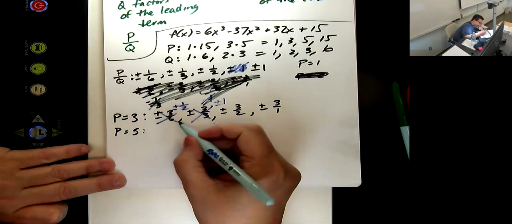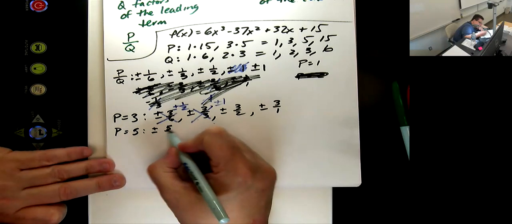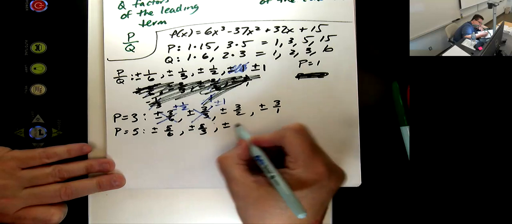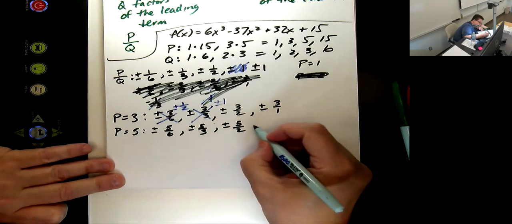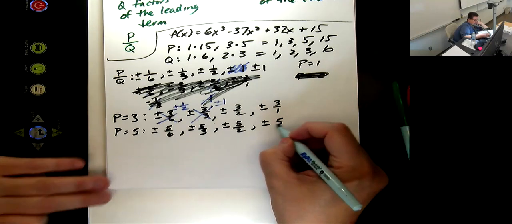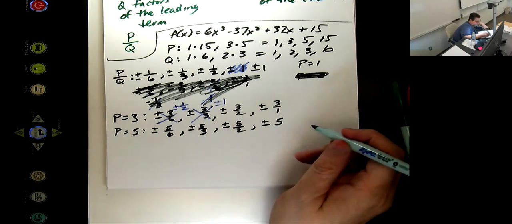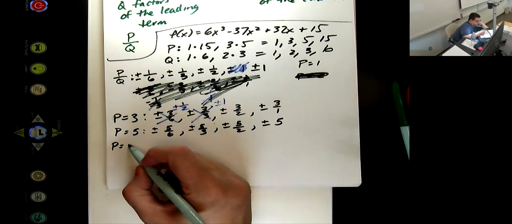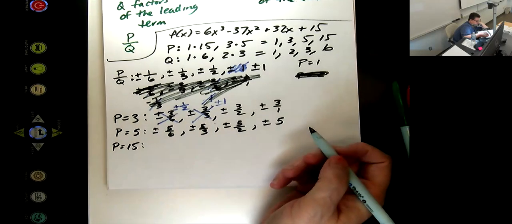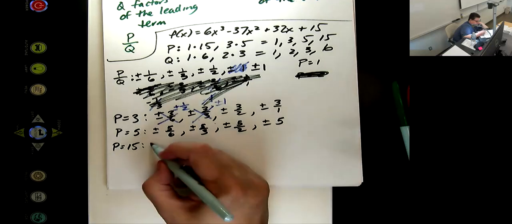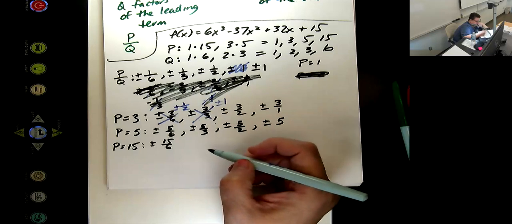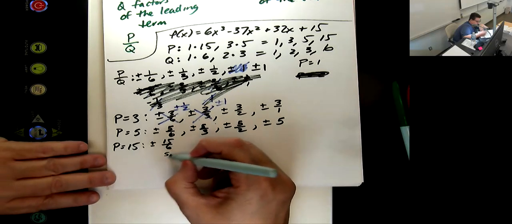P equals 5, we got plus or minus 5/6, plus or minus 5/3, plus or minus 5/2, and plus or minus 5. And none of those simplify. And none of those are duplicates. Here we could have 15/6, which is 5/2.